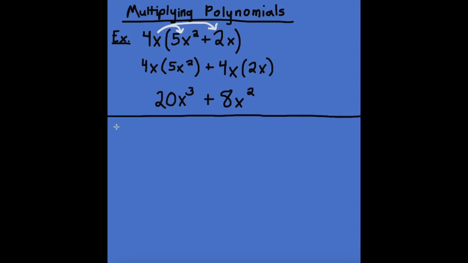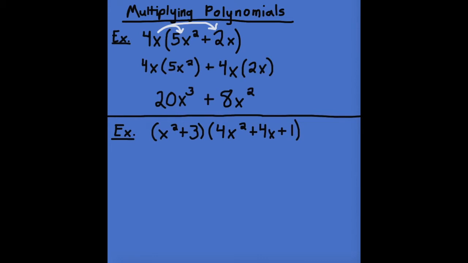Let's try another example. Let's say we have the problem x squared plus 3 times 4x squared plus 4x plus 1. Keep in mind that there are two polynomials. The first polynomial is x squared plus 3, and the second polynomial is 4x squared plus 4x plus 1.